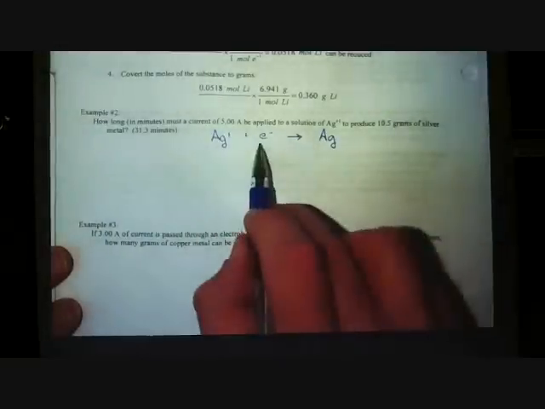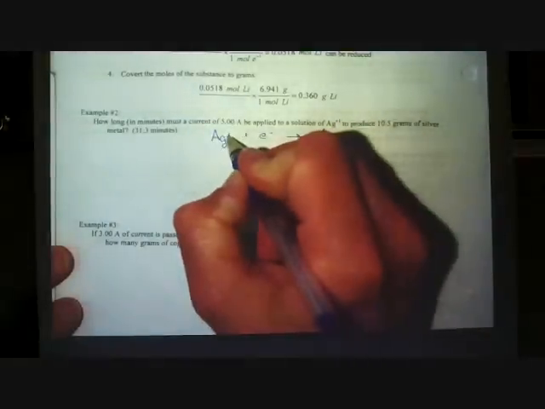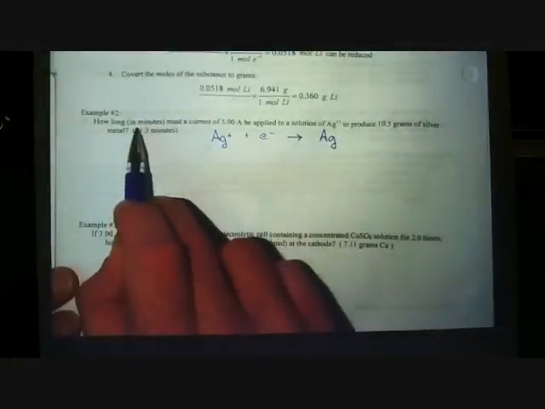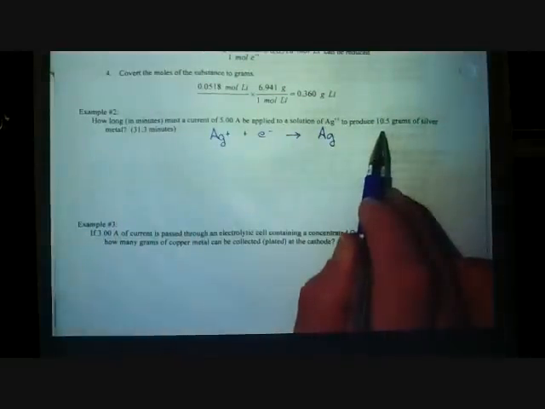And I would highly recommend that you show this half reaction each and every time before you begin. So it looks like it's going to require 1 electron for every single one of the silver atoms. Okay? Now the question wants to know how much time it would take. We're given 5 amps and we're given 10.5 grams of silver.